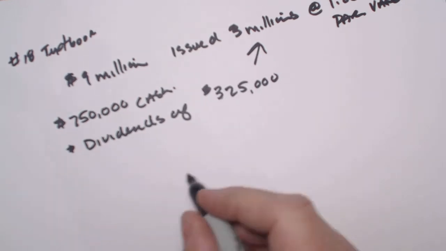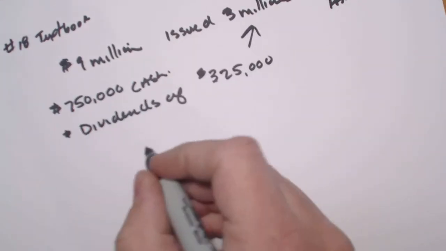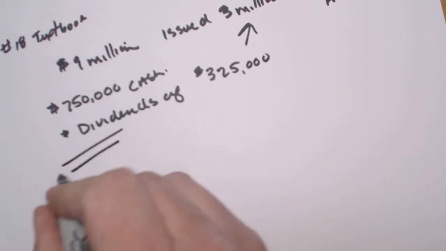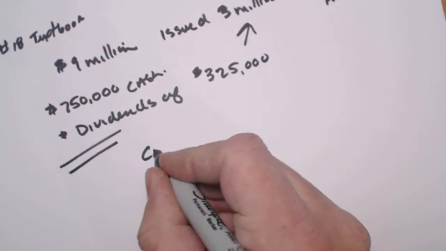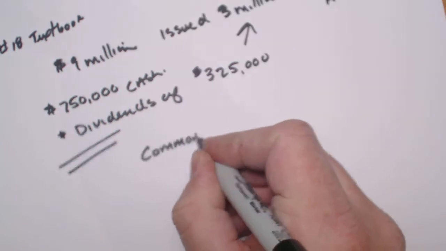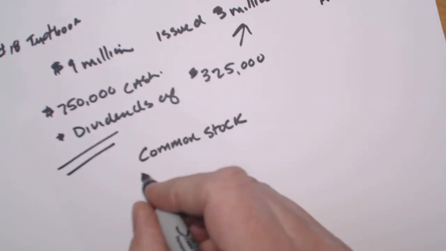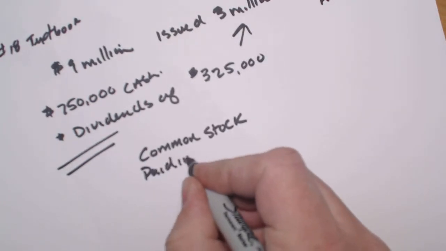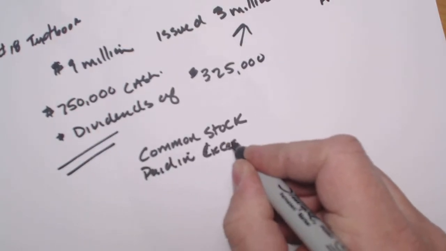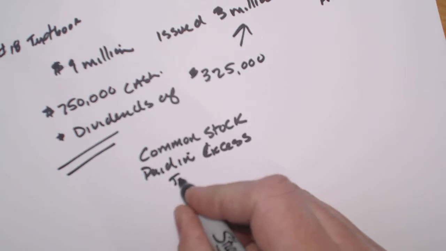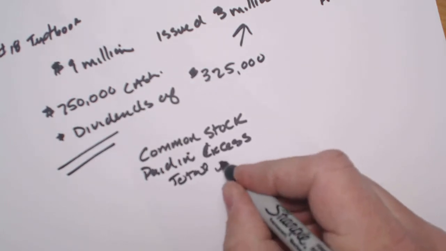So the first thing we're going to do is start off with common stock. That's what we're going to look at first. Then we're going to look at something called paid in excess second. And then we're going to look at total equity.